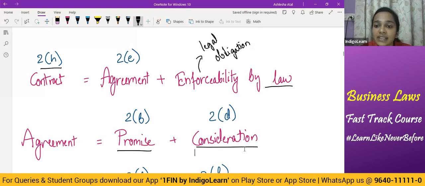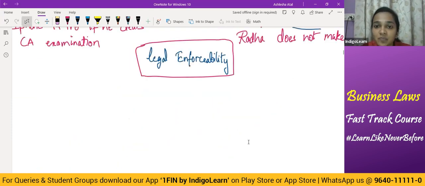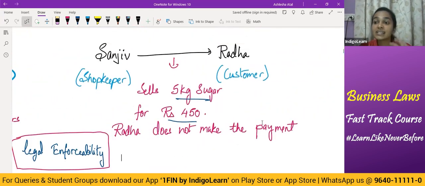Now, can someone tell me, in this situation of Sanjeev and Radha, what is the consideration for Sanjeev and what is the consideration for Radha? Ma'am, the consideration for Sanjeev is the cash amount which Radha has to pay for the sugar, while the consideration for Radha is the 5 kg of sugar.